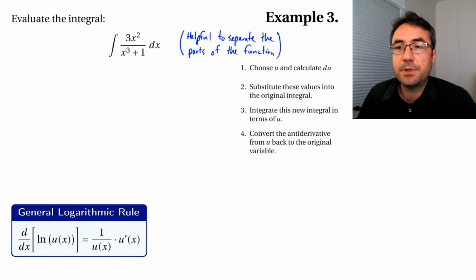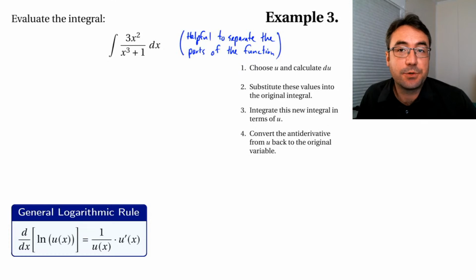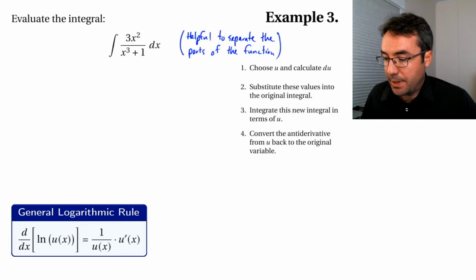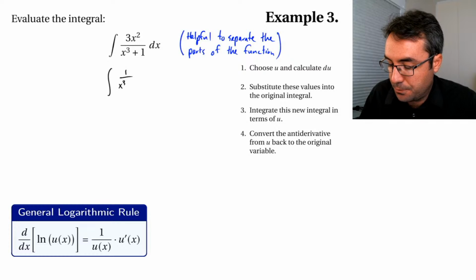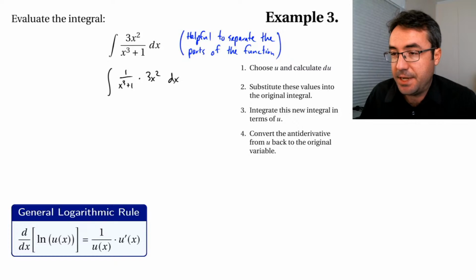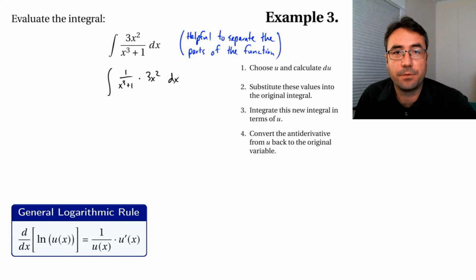Again, not absolutely necessary, but if you're stuck on a problem, this might be something helpful to try. So what I mean by this is I'm going to write this integral instead as 1 over x cubed plus 1 times 3x squared, and then the dx at the end. And so I've separated my fraction into the numerator, and then 1 over the denominator.